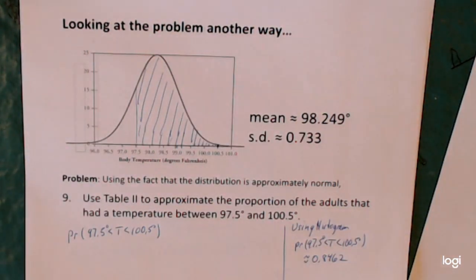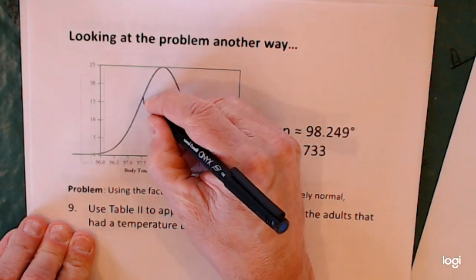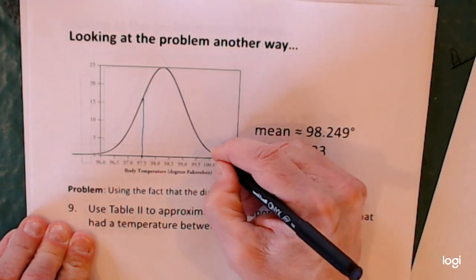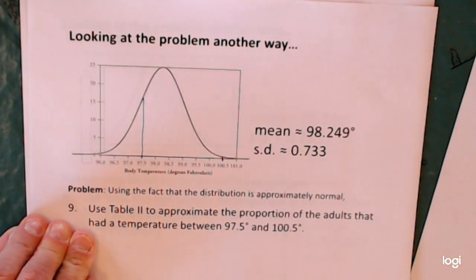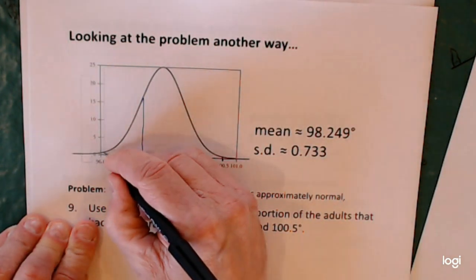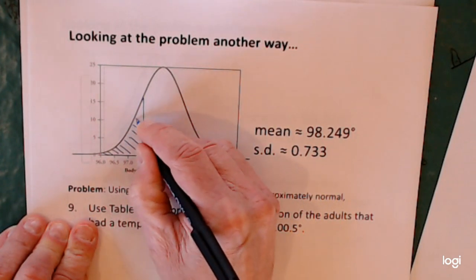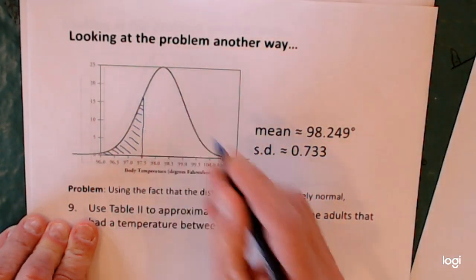Okay, so here's a way we can think about it, right? We're trying to find the area between, or the proportion of observations between 97.5 and 100.5. Now look at what I have, okay? I've already found the proportion of observations to the left of 97.5.